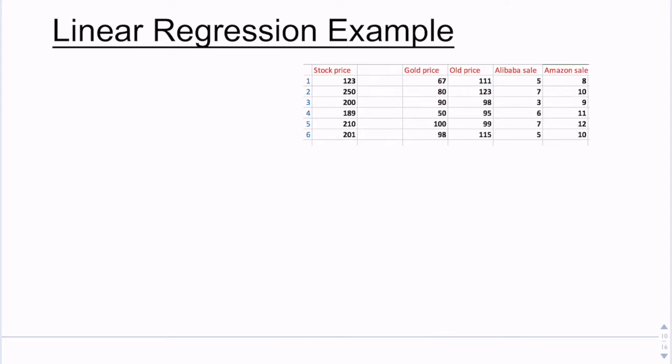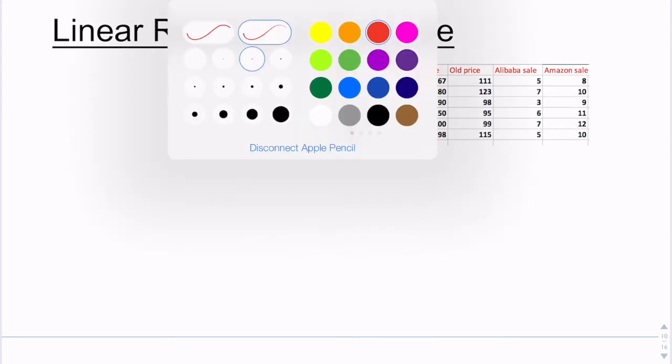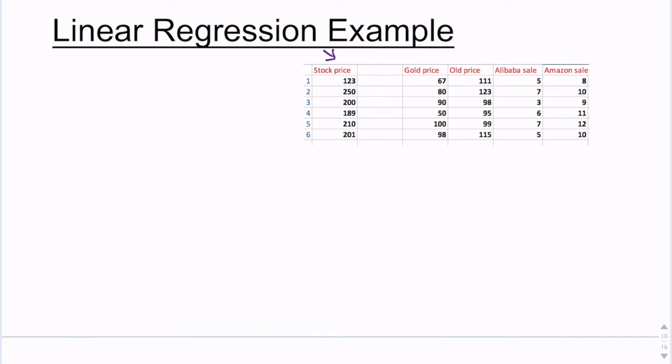So what is Y in here? If I ask you this question, what is the response value? What is the dependent value? Yes, the dependent value is Y. And how many features do we have? We have x1, x2, x3, x4.